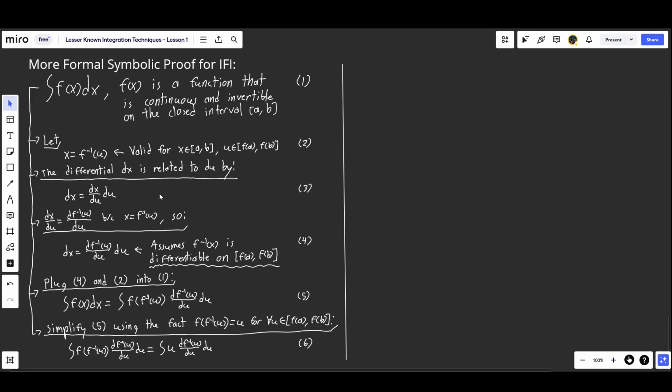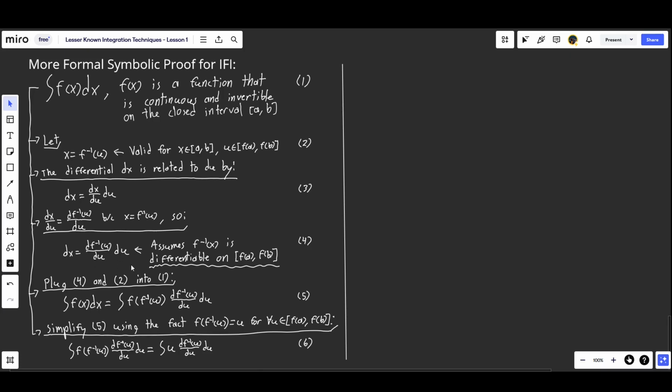And we know from how differentials are defined that the differential dx is going to be equal to the derivative of x with respect to u times du. Because we set x equal to the inverse of f of u, we can rewrite this as dx is equal to the derivative of the inverse of f of u with respect to u times du.